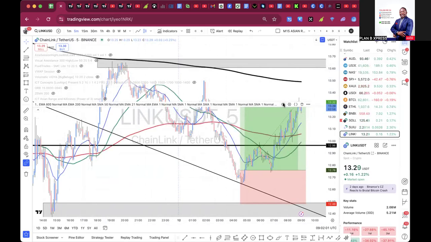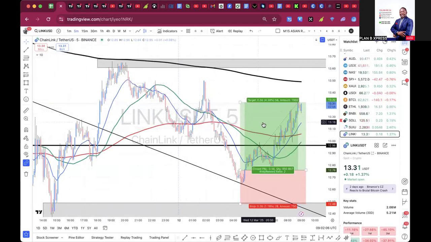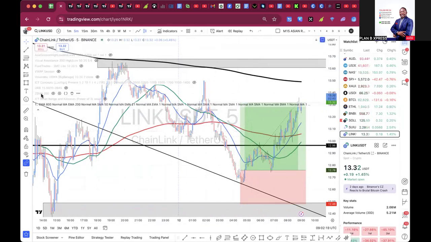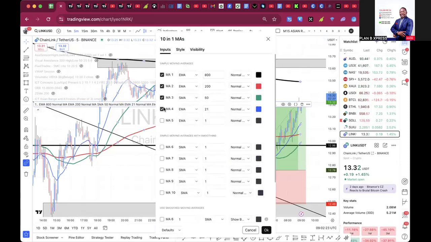So look at mine here. The only two important ones you actually need in them are the 50 and 200 moving average. Okay, so let's go. It is the 50 and 200 moving average.